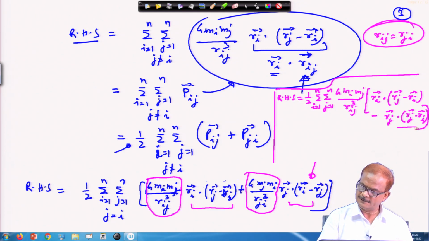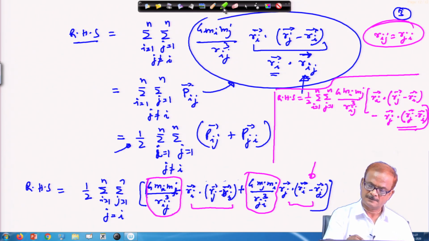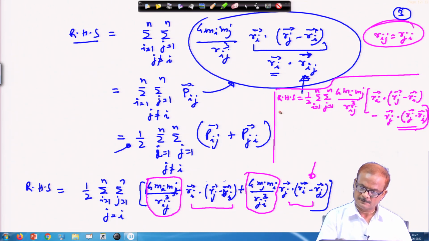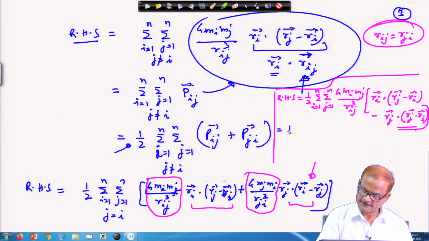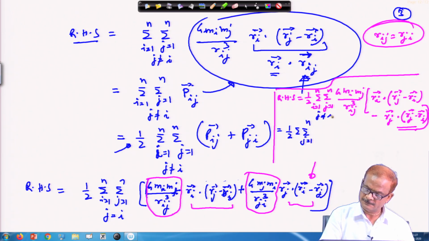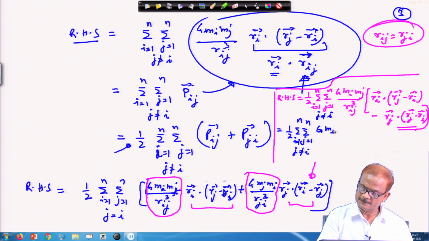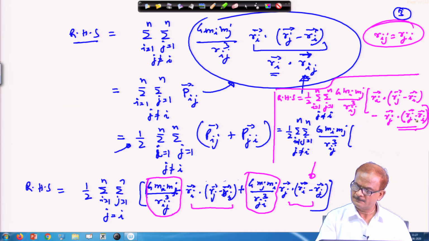So, this we have made here as r j minus r I. Then we can observe that this gets reduced to j not equal to I, g m I m j over r I j whole cube, and r j minus r I can be taken outside the bracket.